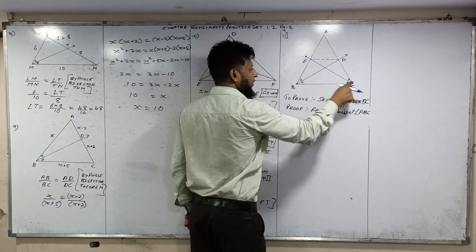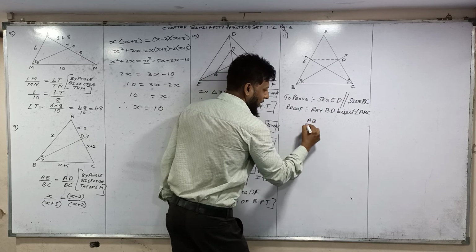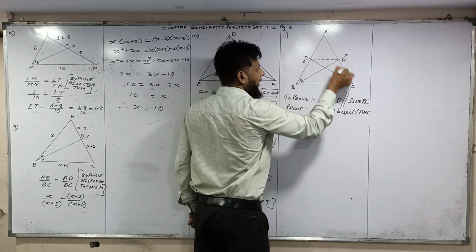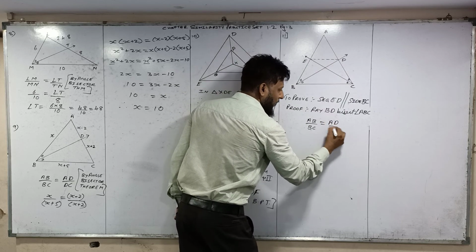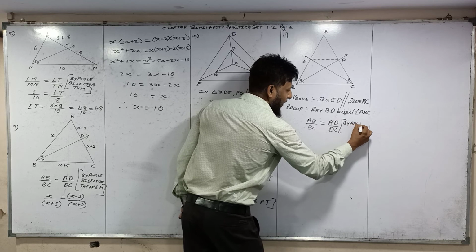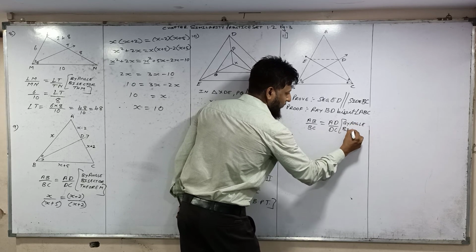Therefore, AB upon BC is equal to AD upon DC by angle bisector theorem.